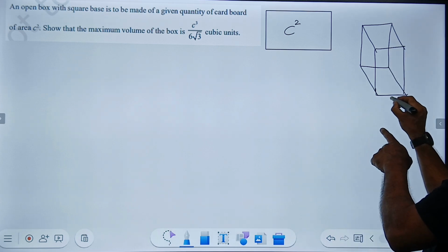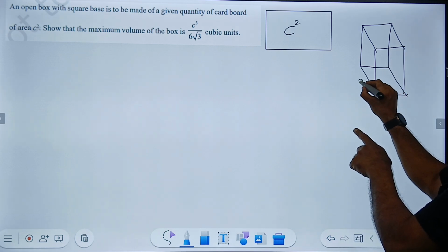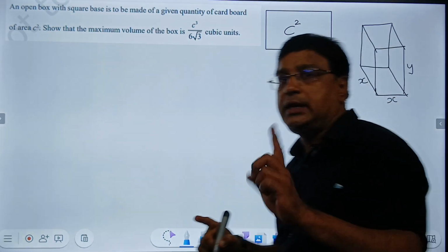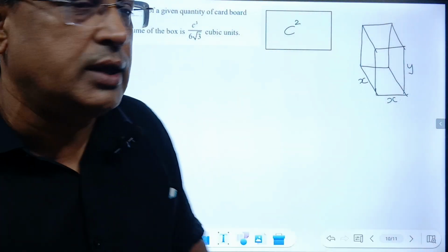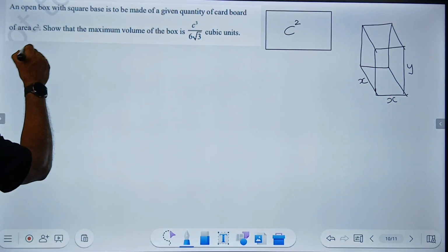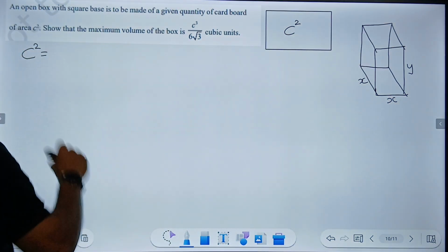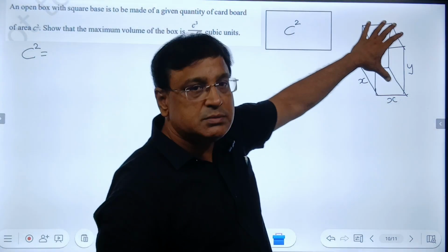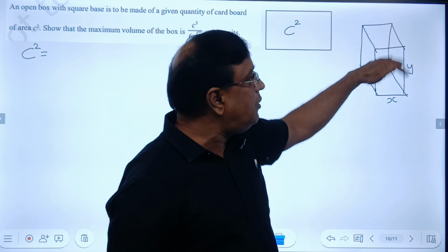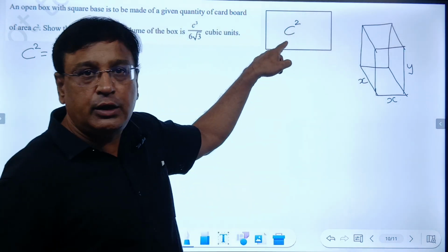So this is x, this is also x, this is y. Why is it x and x? Because the base is a square. Now, what do you know? I am going to use this cardboard and make this box, and it is open at the top. So the surface area of the box should be equal to the area of the cardboard.